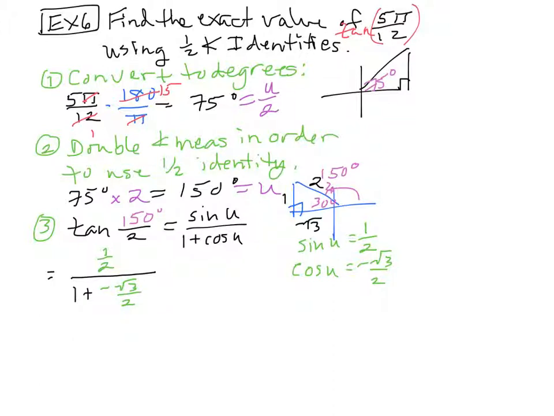So in order to do that, don't I want 1 right here to be something over 2? True or false? True. Okay, so I'm going to convert 1 to 2 over 2. From there, it looks like 1/2 divided by, my numerator would be 2 minus the square root of 3. They're both over the same denominator now, so I can put it over 2. Are you okay with that?